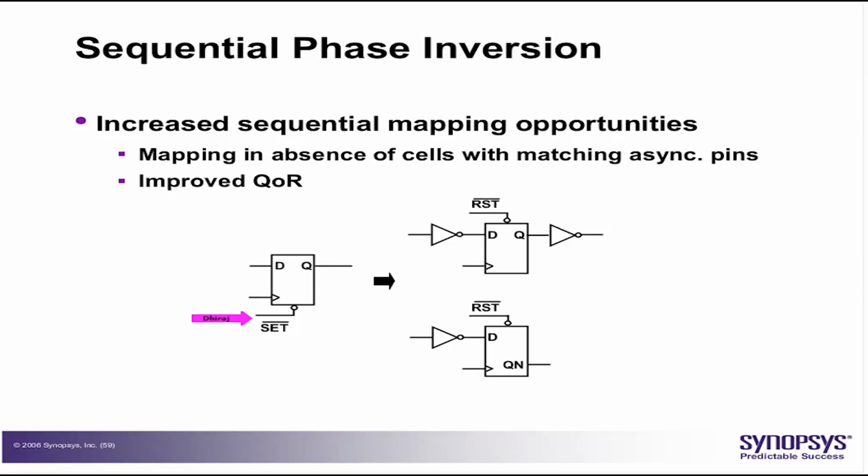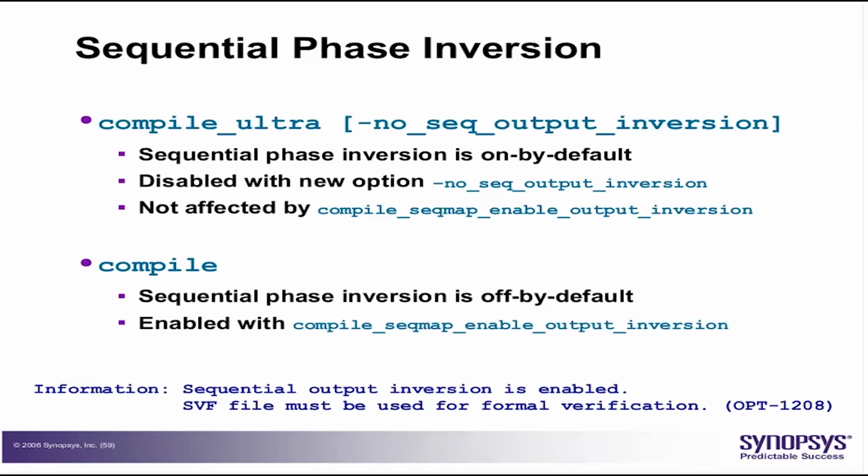So if you have an asynchronous reset register but not an asynchronous set register, it can implement the asynchronous set register by adding inverters to the data and Q, and it can use the asynchronous reset register. So again, it has some better functionality related to logic understanding and analyzing logic.